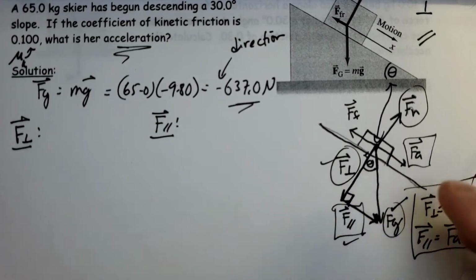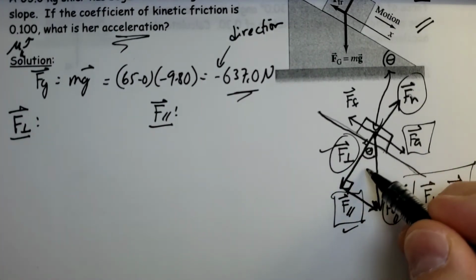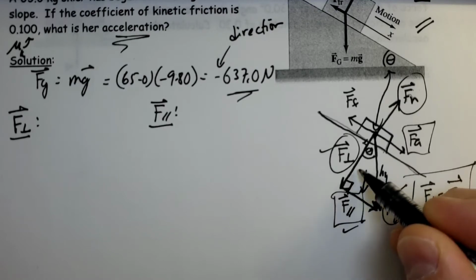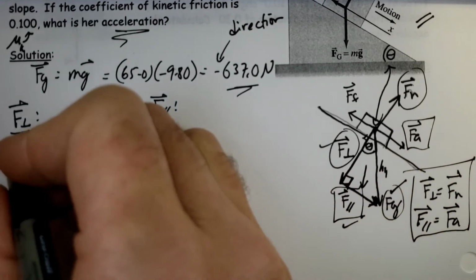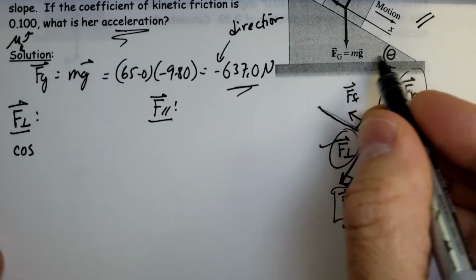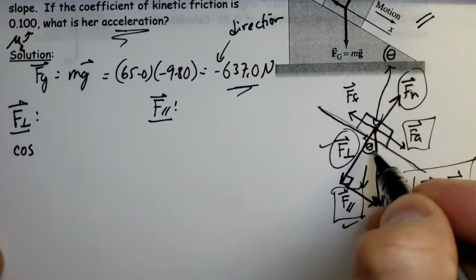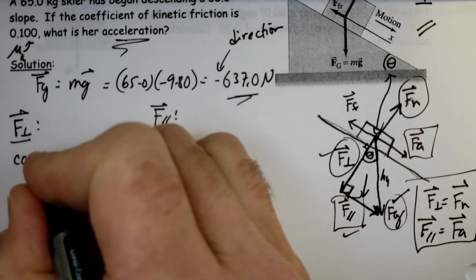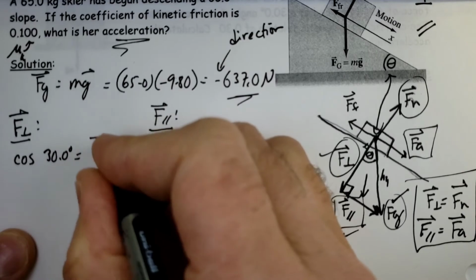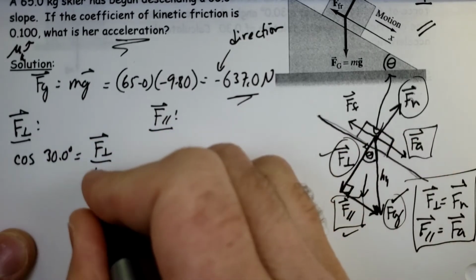So F perpendicular. So this is the opposite side, hypotenuse, adjacent. So adjacent, that means we're using cosine. So the cos of the angle of the inclined plane, which is equal to this angle here, 30.0 degrees, equals adjacent side over hypotenuse.